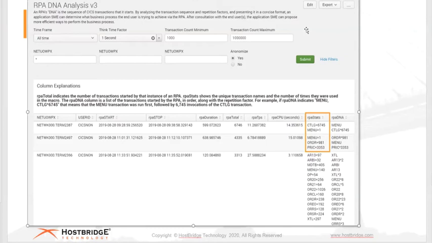And then in the RPA DNA column, it shows us the actual sequence that occurred. So this robotic process activity, and I can't remember, this may have actually been driven by a spreadsheet. I'm not sure if it's a spreadsheet or an RPA bot, but it hit the menu transaction one time, and then it camped out on the CTLG transaction, ran it 6,745 times as it was screen scraping data off the screen.